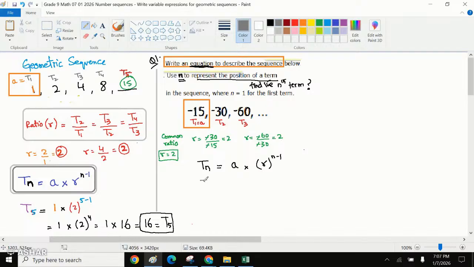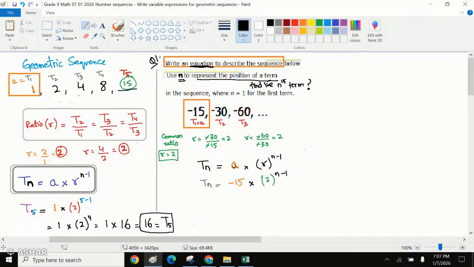So we have Tn, we do not know the term number, but we do know that A was minus 15. This A can be substituted by negative 15, multiplied by what? R was given as 2. Agreed? We had the value of R, that is 2 to the power n minus 1.